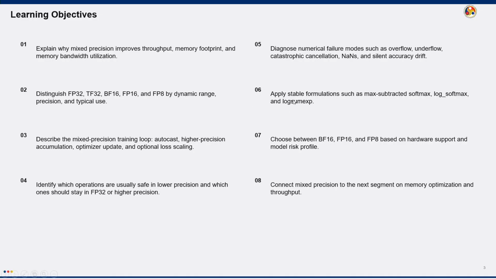So, basically we will see how to apply stable formulas such as, let us say, max-subtracted softmax, log softmax or log-sum-exp. These are functions that we can apply for stable formulations of activation functions, and then obviously we will choose different data types or data widths based on the hardware support that we have.